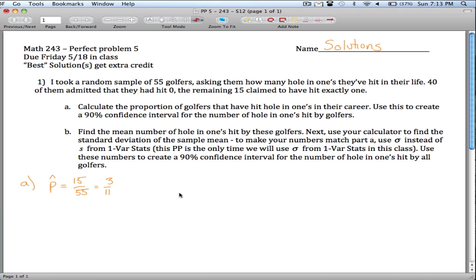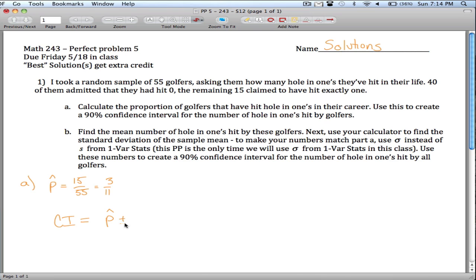Okay, so for a confidence interval, we need a few things. We need to know the critical value. Our confidence interval equals our point estimate, our best guess, which is P hat.